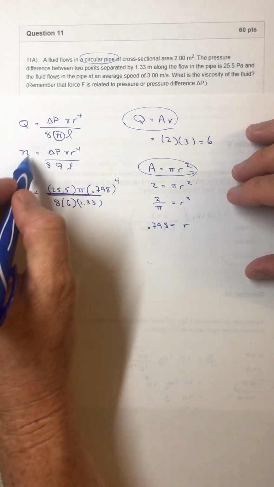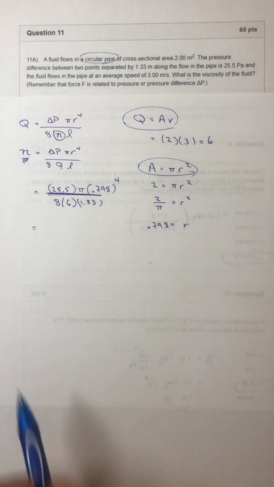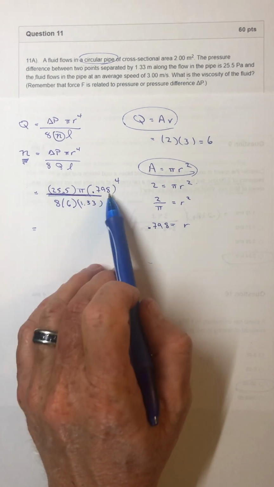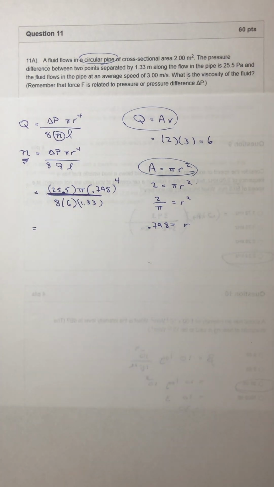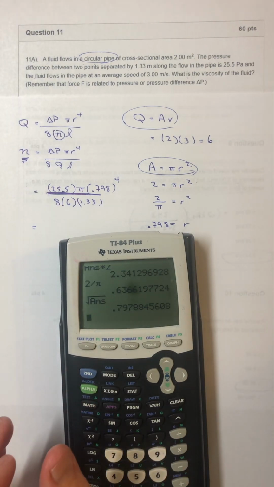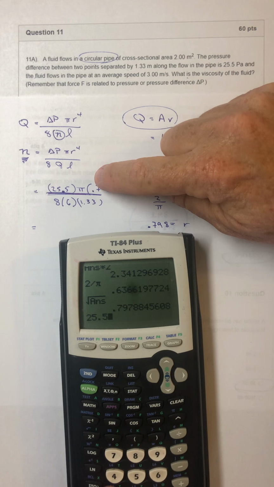And now we can finally get the viscosity given this pressure drop. And with such a big pipe, that's a big pressure drop for a lot of pipes. So this is probably a thicker material than, say, water. Well, let's see what we get here. So let me enter 25.5.